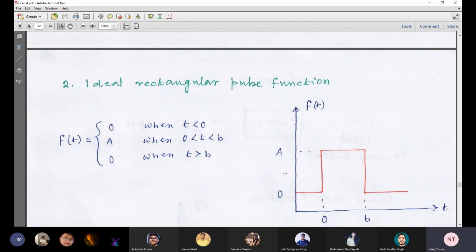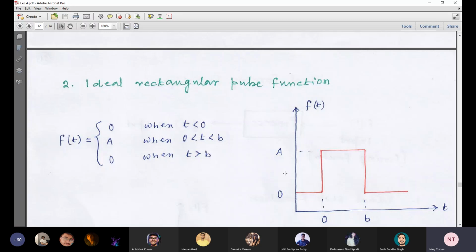When t is less than 0, our function equals 0. And when the time is in between 0 to b, our function equals a. And again we are coming back to the original position when t is greater than b. That means when t is greater than b, our function is equal to again 0.